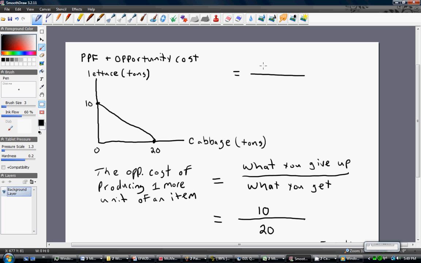We give up the opportunity of producing 20 tons of cabbage. What do we get if we produce lettuce? 10 tons of lettuce. So our answer here is going to be 2 tons of cabbage.